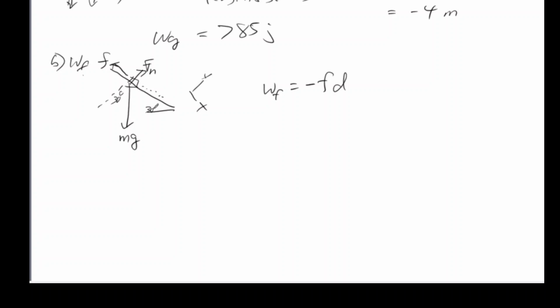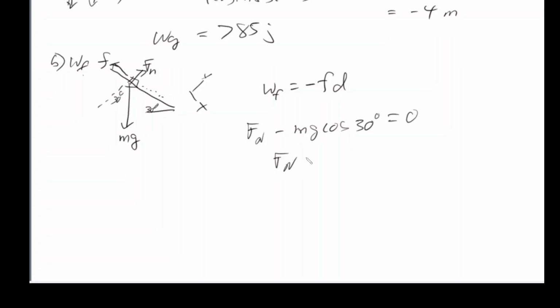When solving problems with friction, we always want to solve for the normal force first. So we know Fn minus mg cosine 30 degrees equals 0. That's because in the y direction there is no movement, so the combined forces have to equal 0.